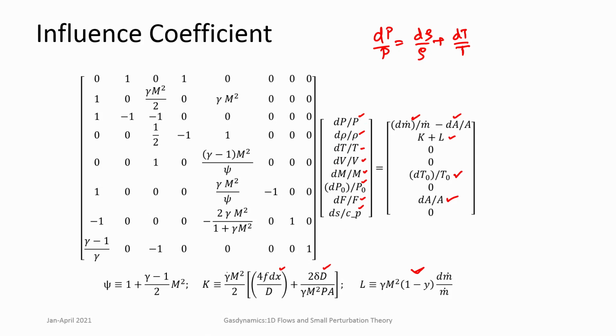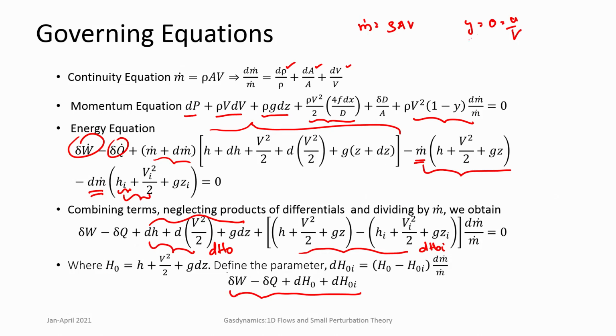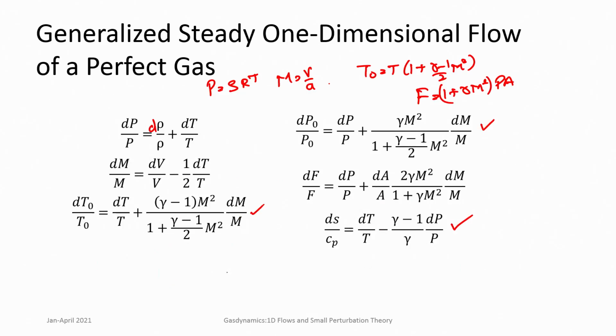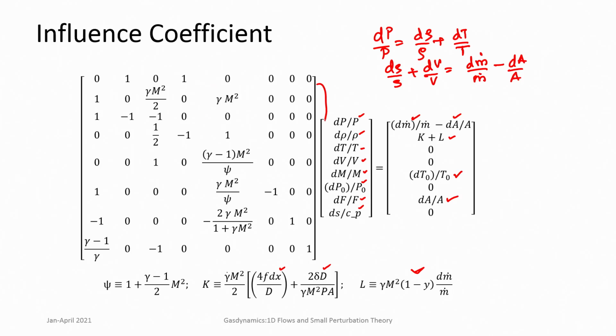Similarly, take the first equation, the mass flow equation, which was d rho by rho plus dV by V is equal to dm dot by m dot minus dA by A. This is from the mass conservation equation, and that equation can be found by multiplying the first row with the column corresponding to the first value over here. So this complete basic matrix equation represents the set of all equations that we have considered.